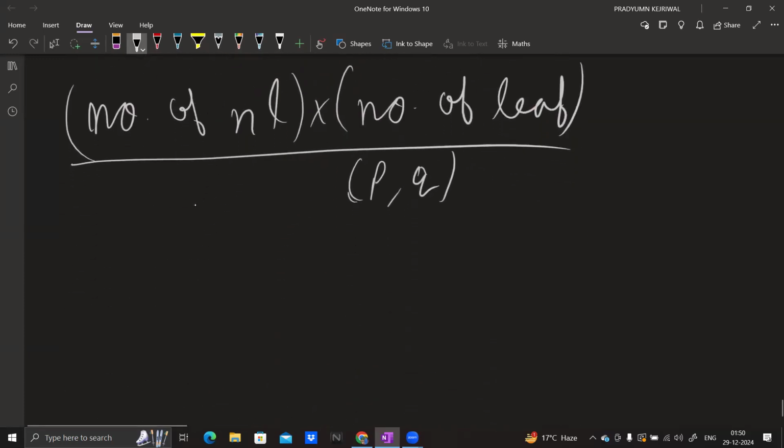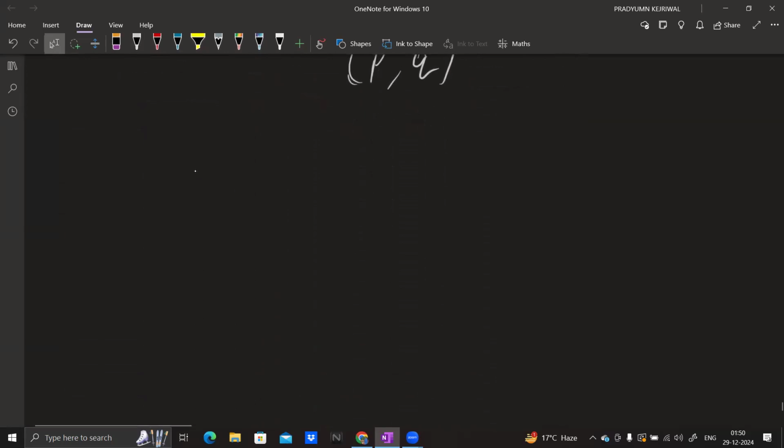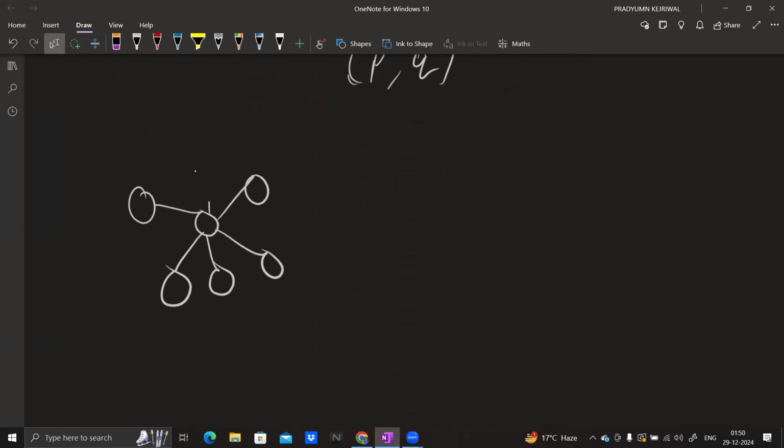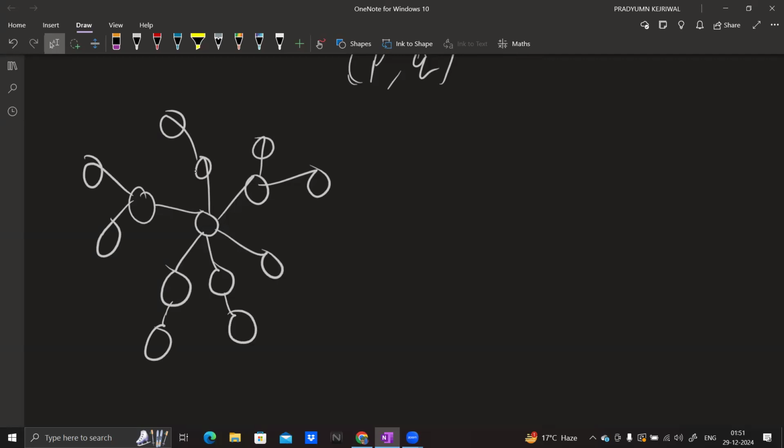Let's say I have a tree, I have this tree, and the leaves are here, right? These are the leaves and type 2 are these. The type 2 are the ones that I'm circling in red.